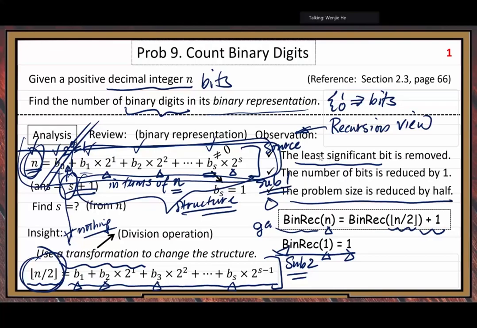Then we have a complete equation. If you do not have the base case, then you cannot get a solution. So this is our starting point to start our recursion, right? This base case allows us to grow the problem sizes.